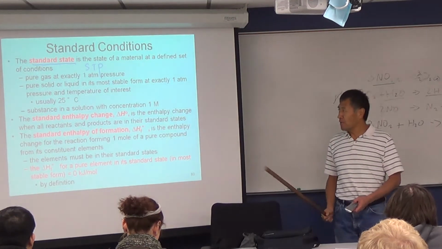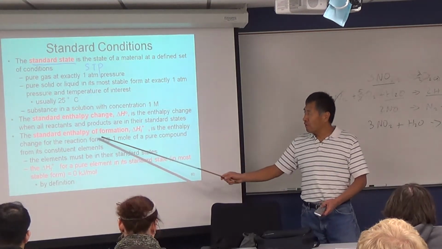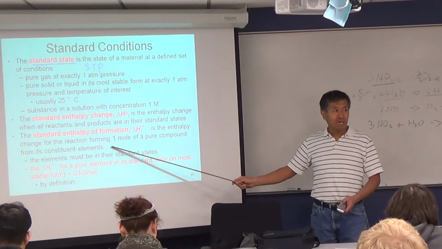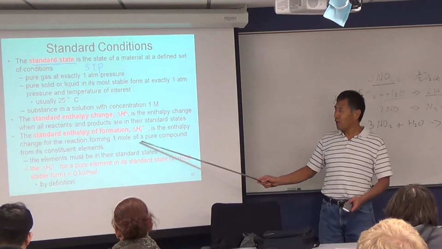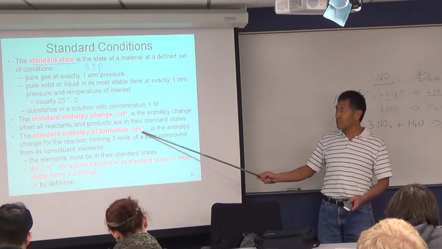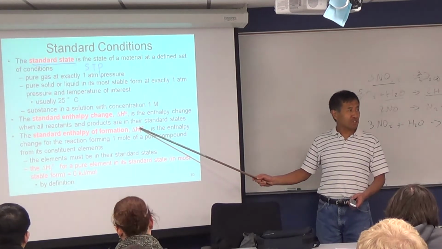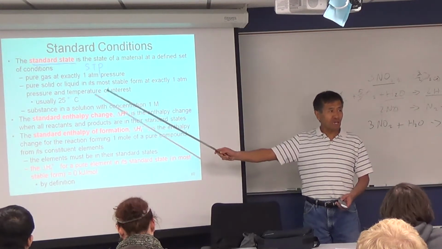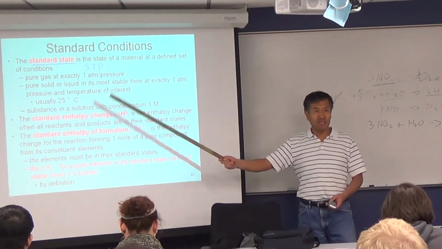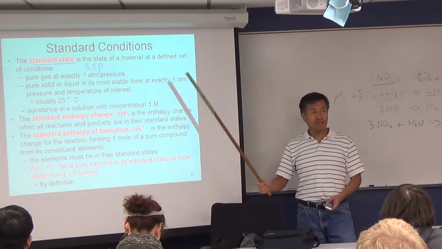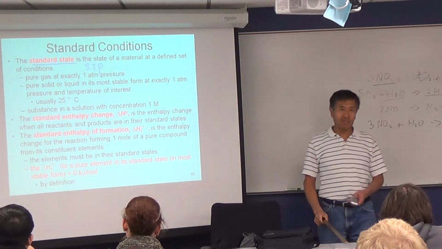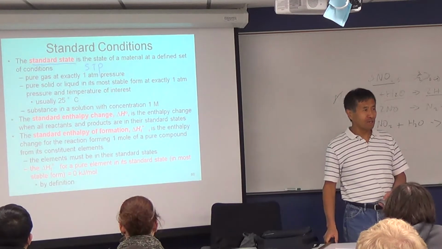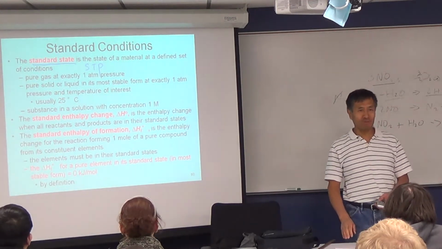Those special reactions, we call formation reactions. And those formation reactions are also under those conditions: standard state, pure gas, pure liquid, 1 atm for pure gas, in a solution 1 molar. Again, that's hypothetical. It's impossible to have a chemical reaction that way.